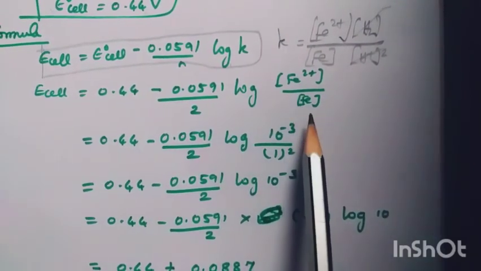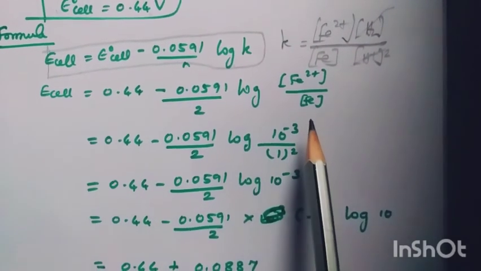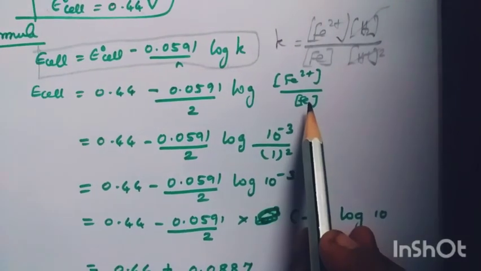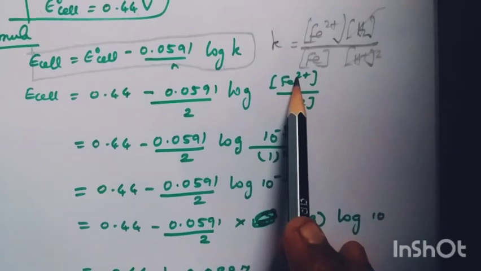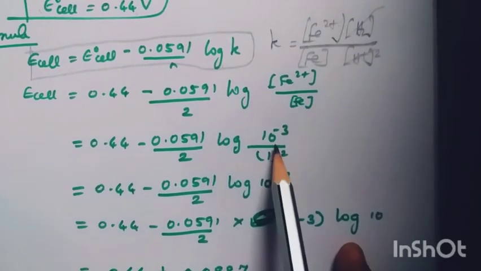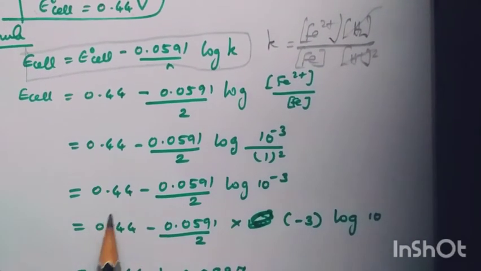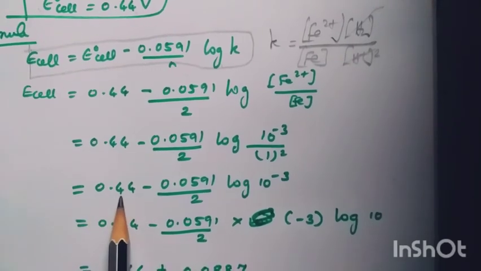Fe2 plus by Fe: its value is 1, so 1 squared. The Fe2 plus concentration is given, so it is 10 power minus 3.